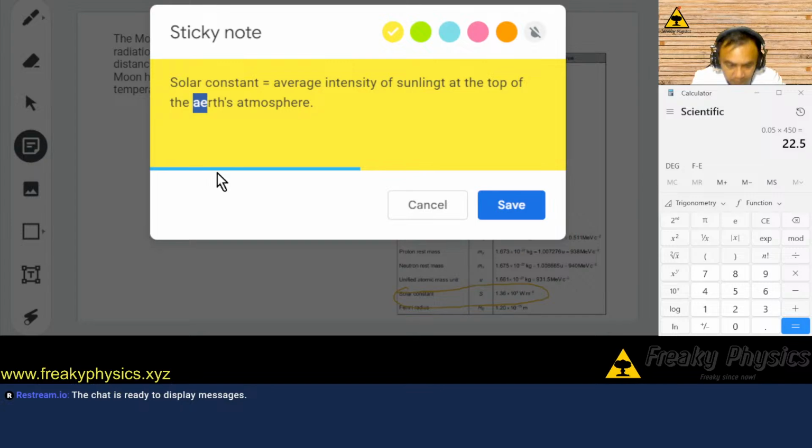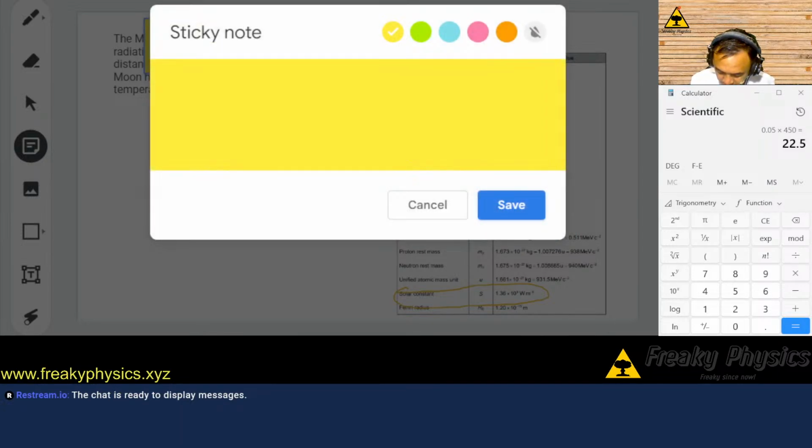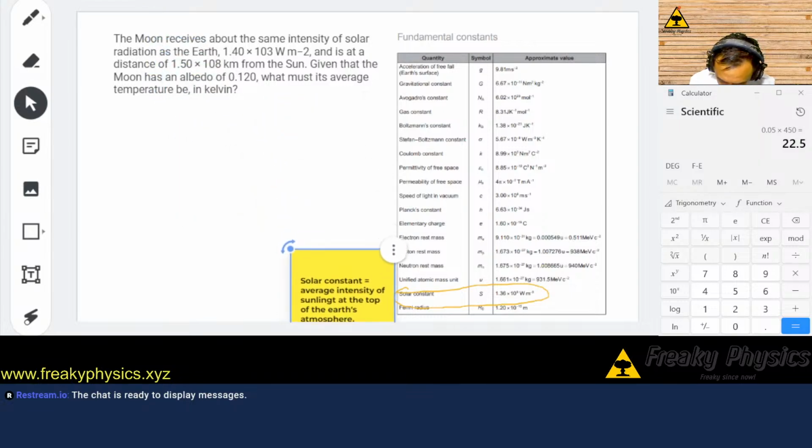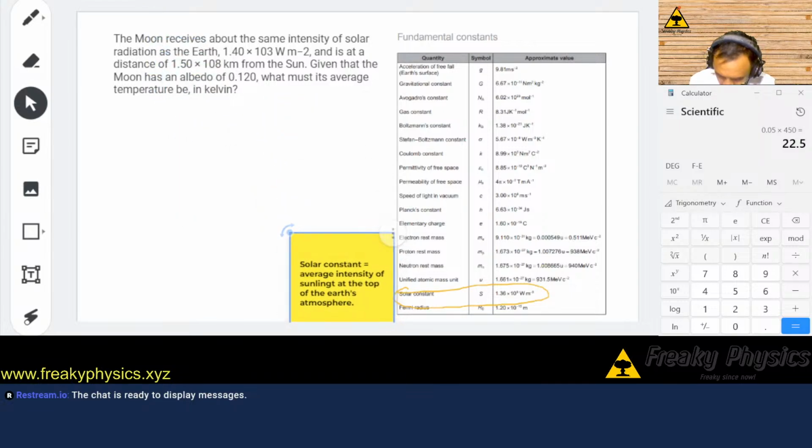So again, for you to solve this question, you will need this solar constant right there.